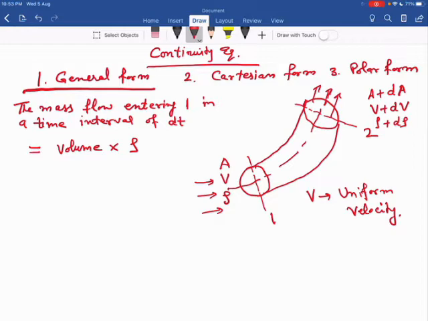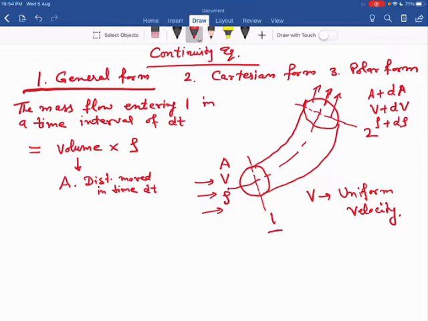Volume is the volume of fluid entering through section 1, which I write as the cross sectional area at section 1 multiplied by the distance the fluid moved in time dt.